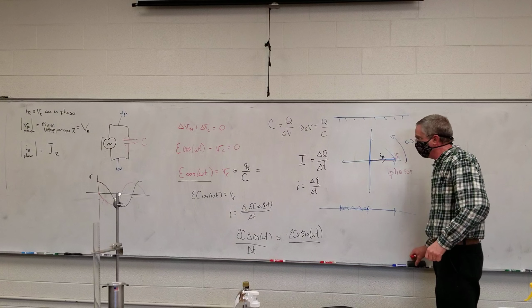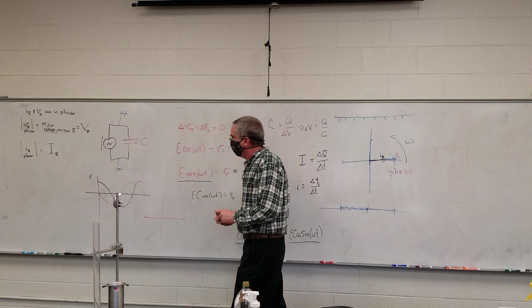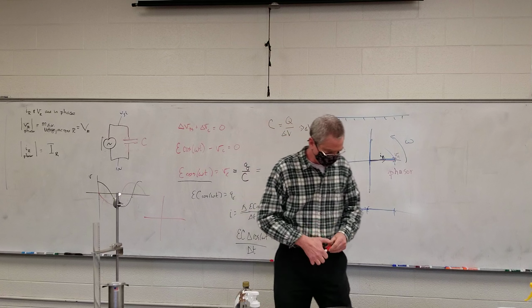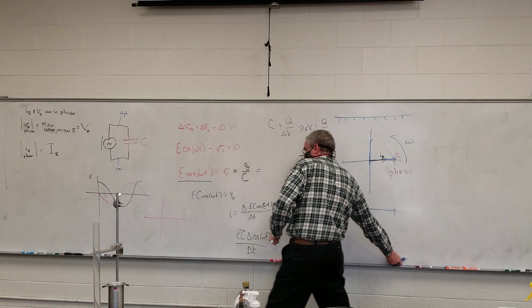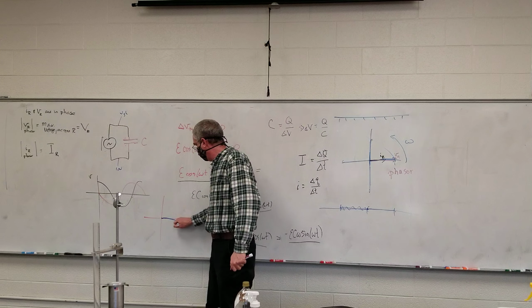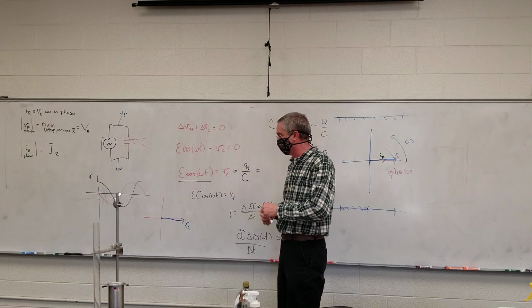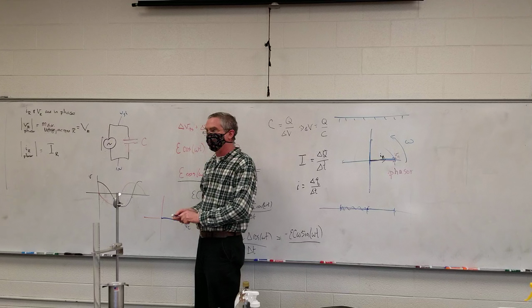So I will do a different phasor diagram. At time equal to 0, my voltage is at its peak. That's my voltage across the capacitor. My current is at 0 and then becomes negative.